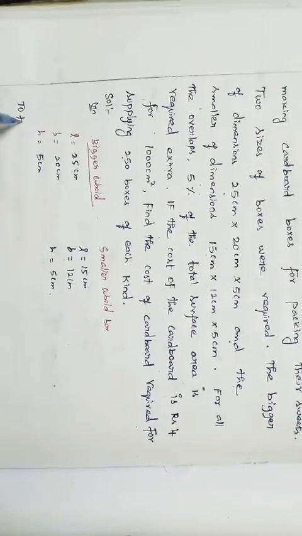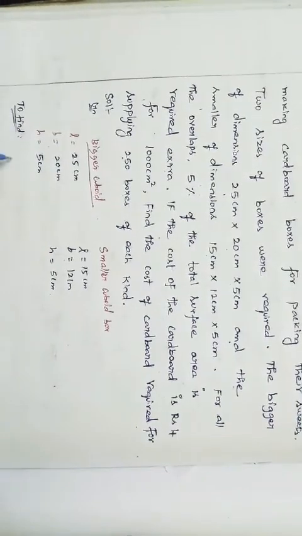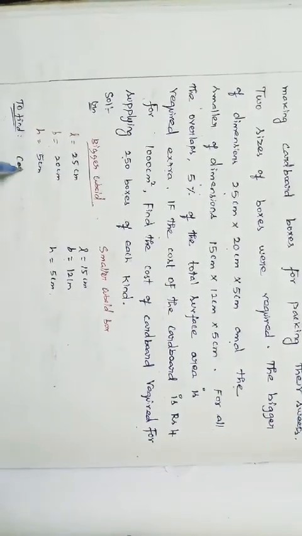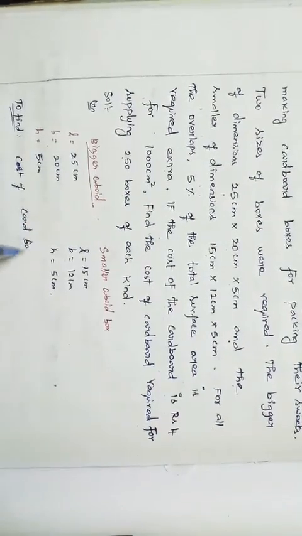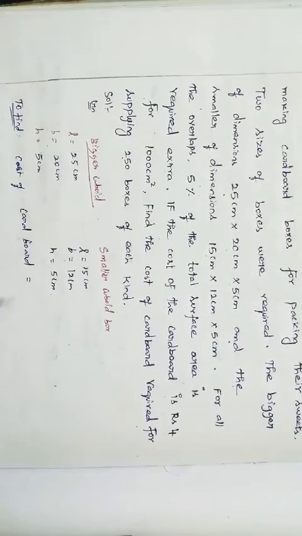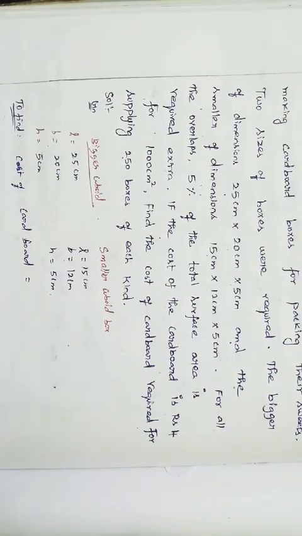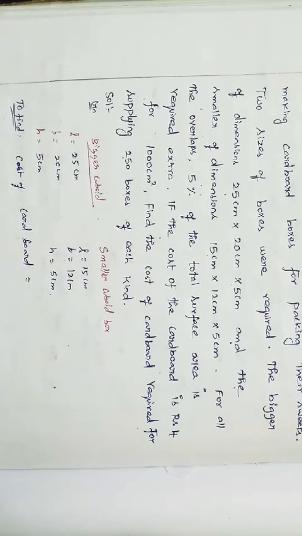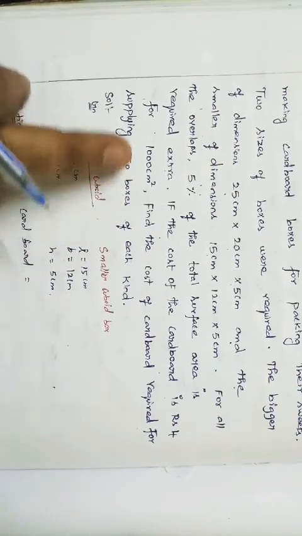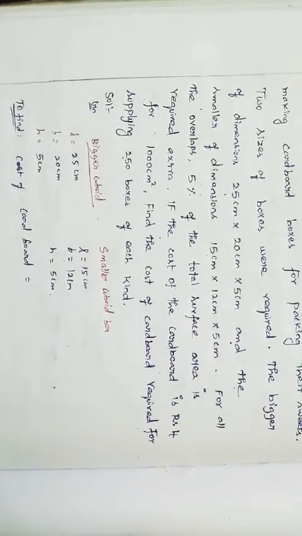So for finding the total cost of cardboard, what things do we need? Surface area of the boxes into the cost of each, cost of 1000 centimeter square, right?